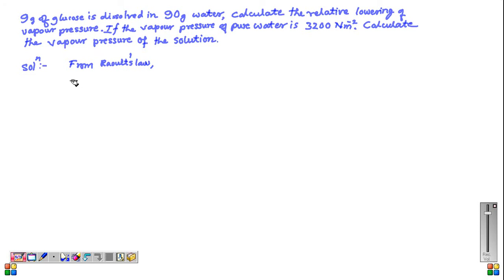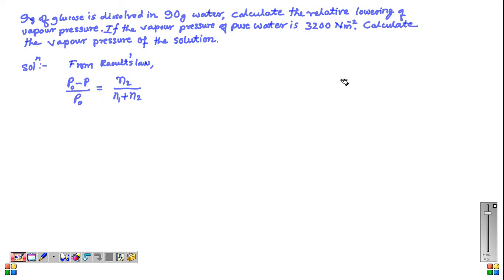The relative lowering of vapor pressure, that is P naught minus P divided by P naught, is equal to the mole fraction of the solute, N2 divided by N1 plus N2. Now we calculate first the number of moles of solute and solvent.